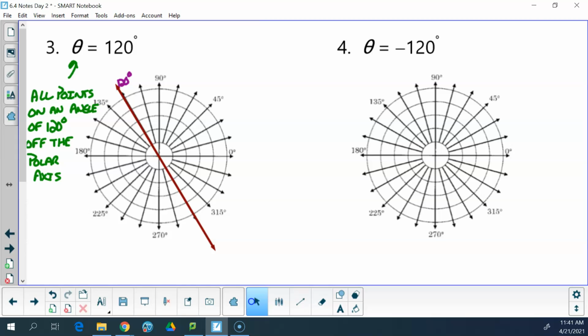And that line then produces a skew line.